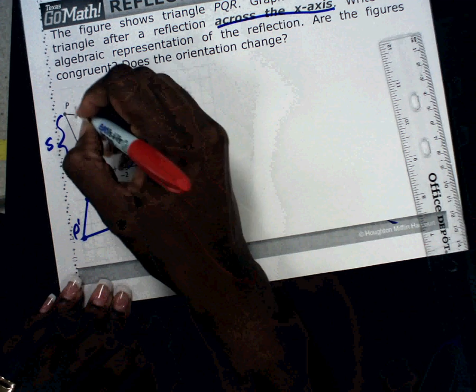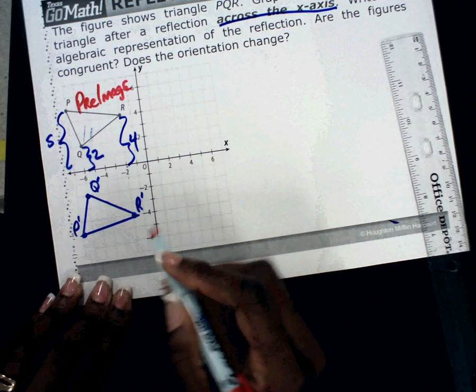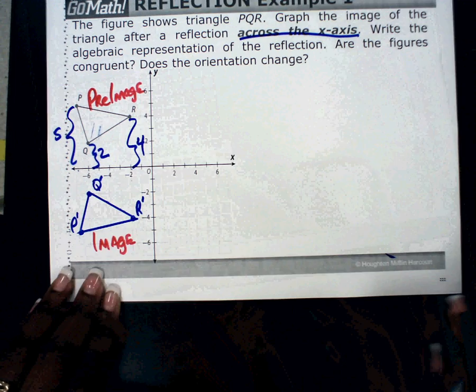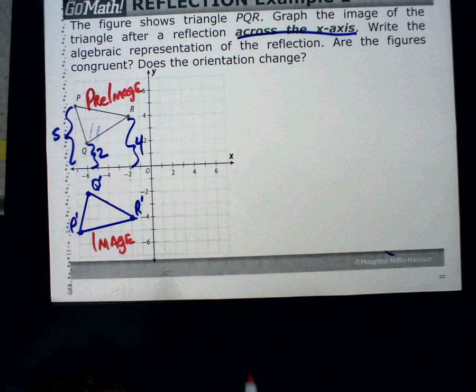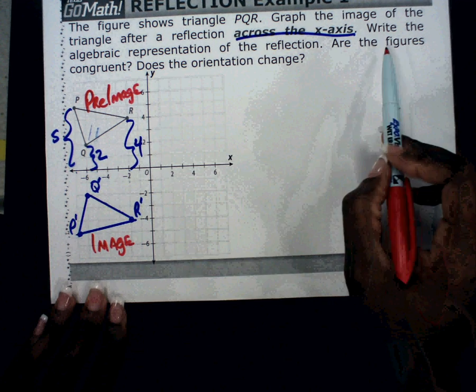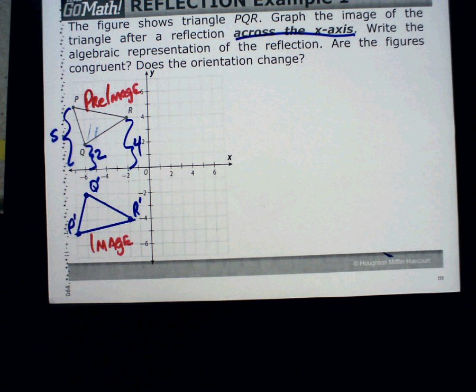So now we can label, this is our pre-image before the reflection, and then this is our image after the reflection. Okay, and so then it asks us to write the algebraic representation of this reflection.